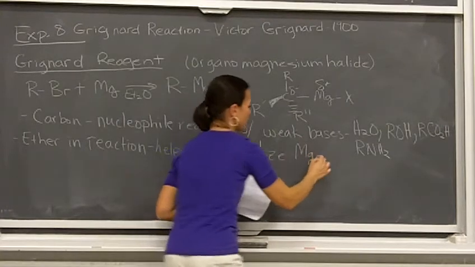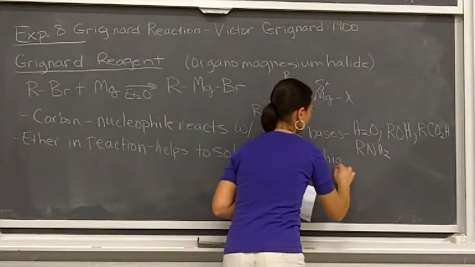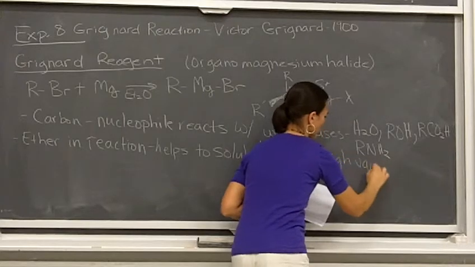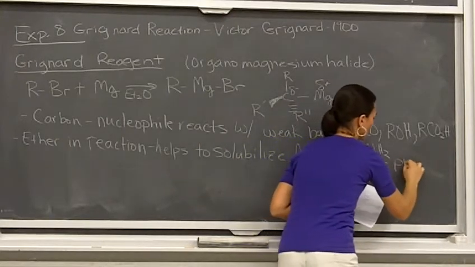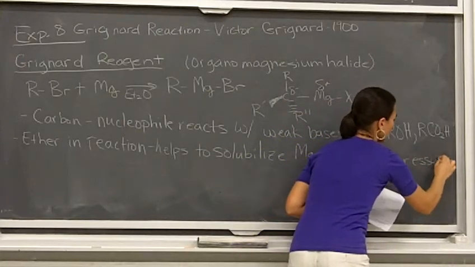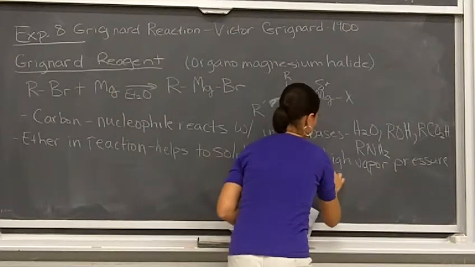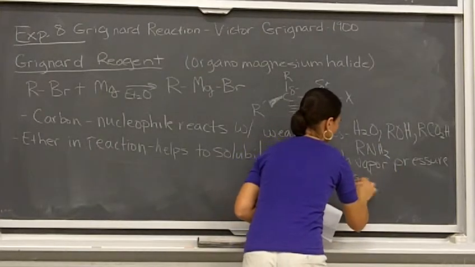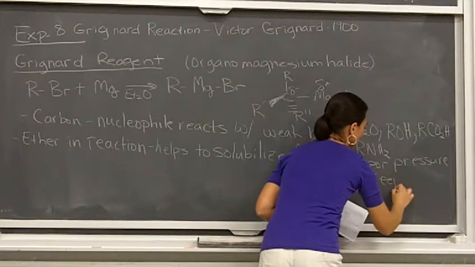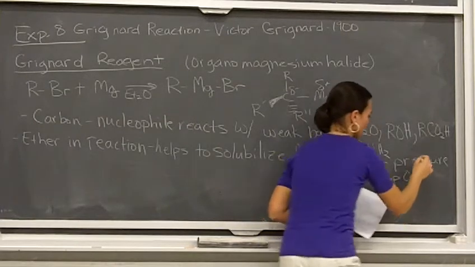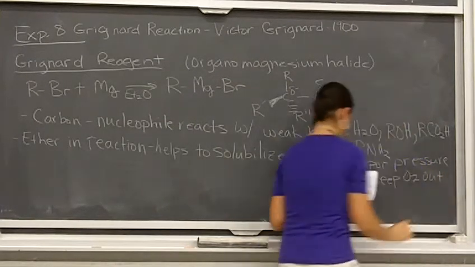It also has a high vapor pressure, as we know from experiment 3. And so that helps keep the oxygen out. And that's going to be important for this reaction.